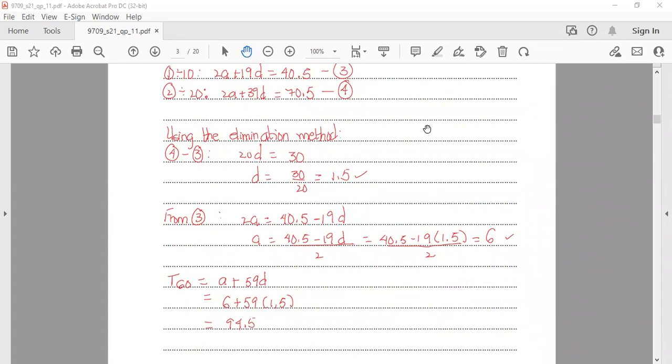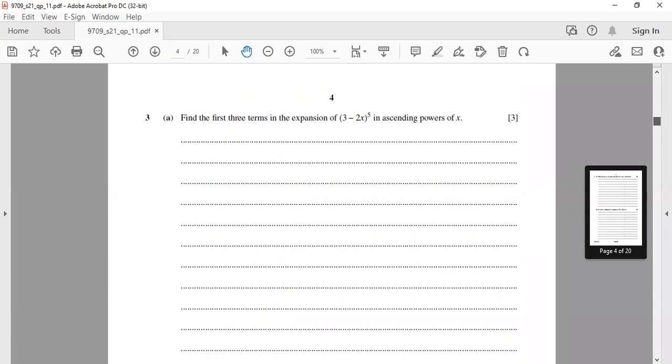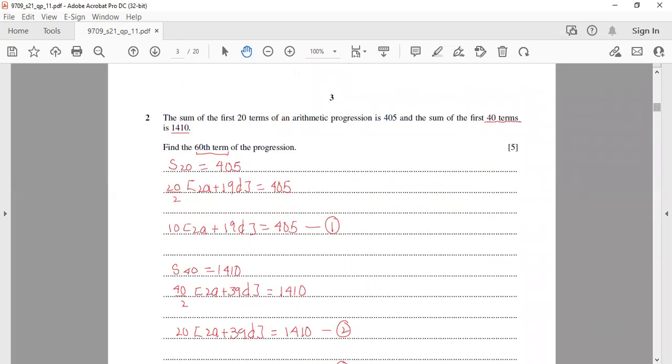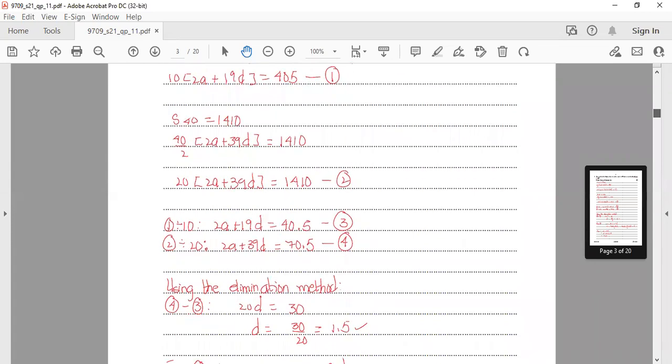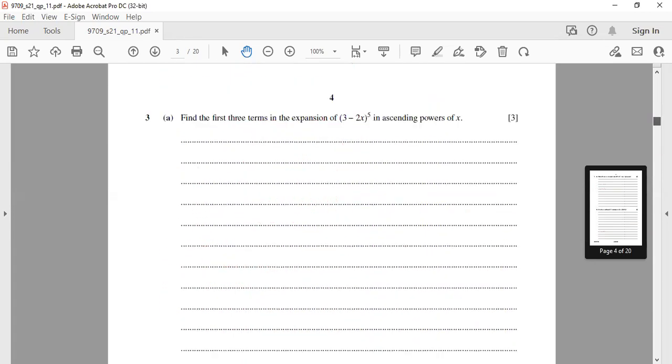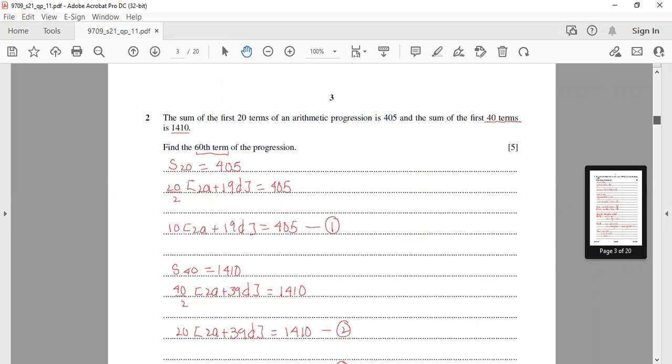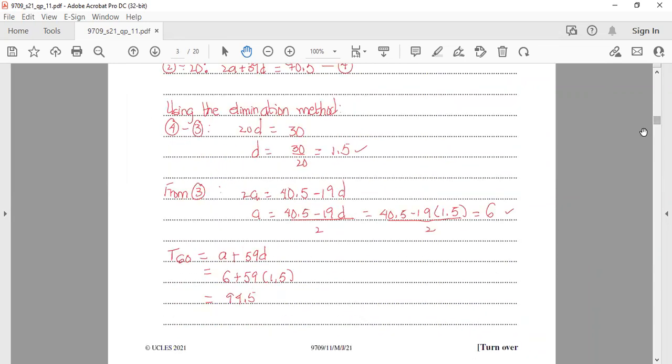Donc, je vais écrire que the 60th term is equal to 94.5.